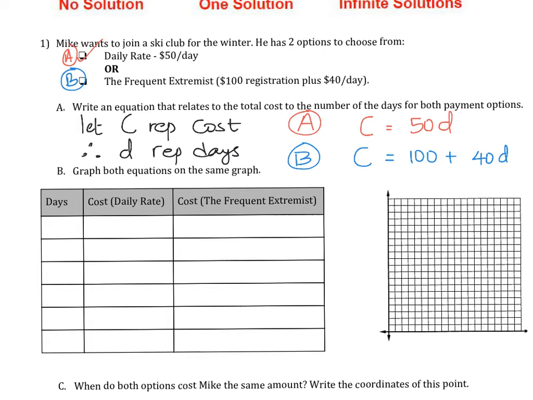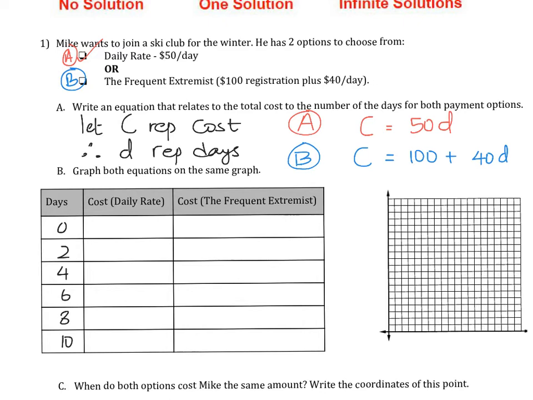Number of days could be going up by 5, going up by 1, going up by 2. I'm going to pick days going up by 2s. So we can start with 0 days, 2 days, 4 days, 6 days, 8 days, 10 days, and so on.